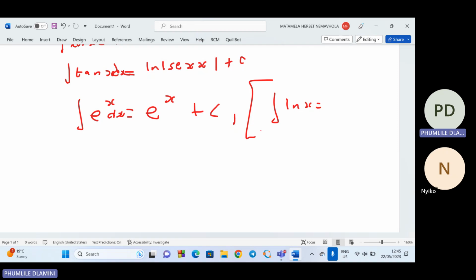There is a formula that we use for ln x. So ln x is a little bit different.